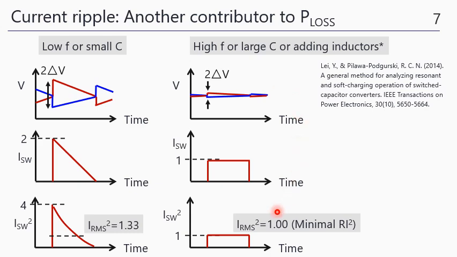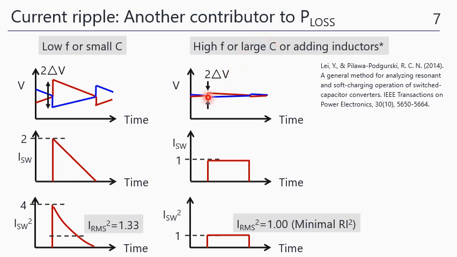So to realize this current waveform with no or negligibly small ripple current, you may need to run the charge pump at a very high frequency. However, high frequency makes the FCV square term increase, or you need to increase the capacitance.